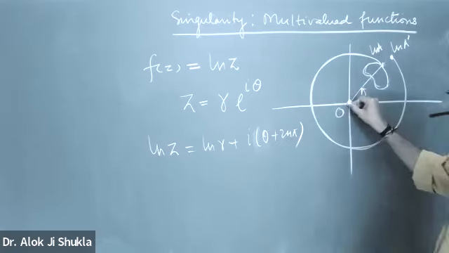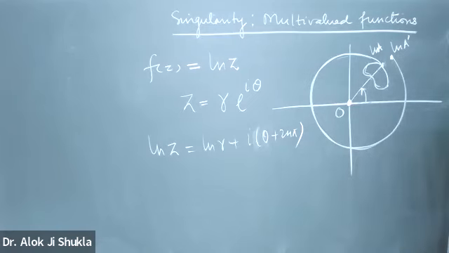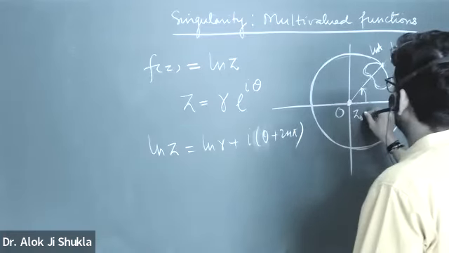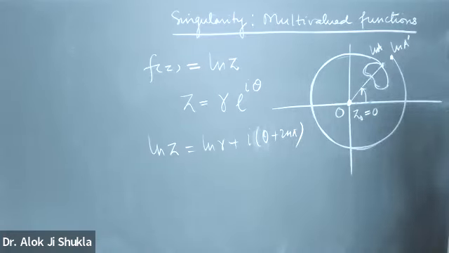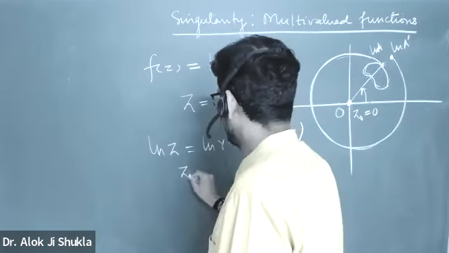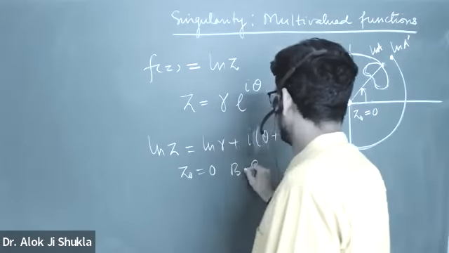Unless you include this origin, you will not end up in this kind of discontinuity. Because this is happening about z naught is equal to 0, this multi-valuedness is introduced. So z naught is equal to 0 in this case is known as a branch point.